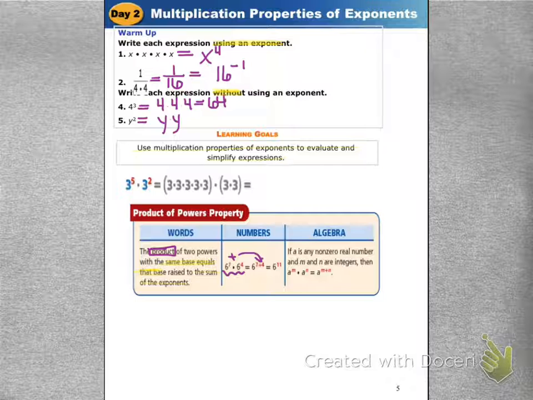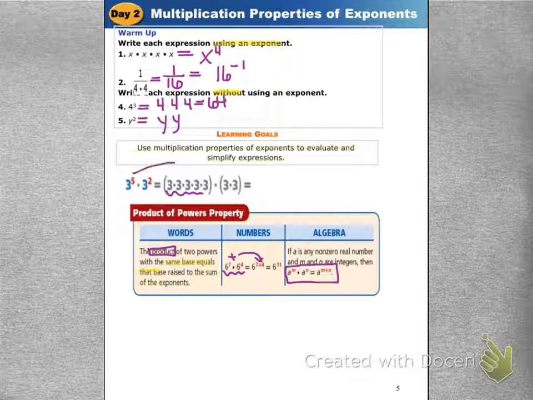In general, the algebraic statement of this property looks like this: a to the m power times a to the n power is equal to a to the m plus n power. In other words, add the exponents. This example up here, 3 to the 5th times 3 to the 2nd, really does demonstrate why this is true.